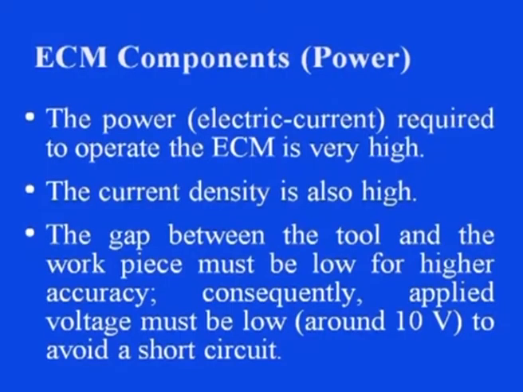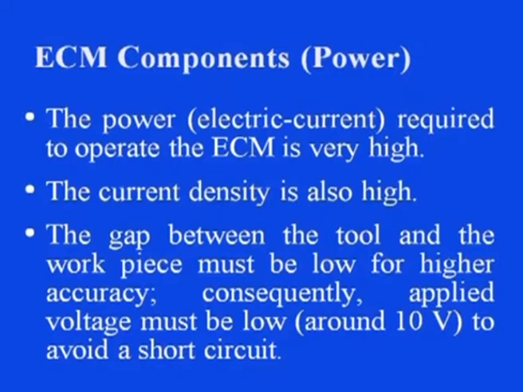Let us look at the major subsystems in electrochemical machining. The major subsystems are the power supply unit, the electrolyte circulation system, the control system and the machine itself. Let us see the power unit in electrochemical machining.